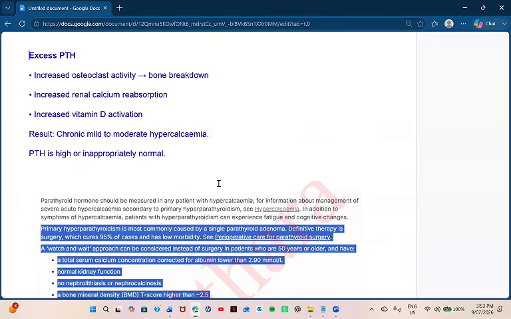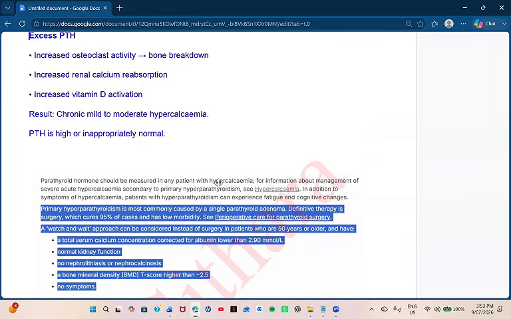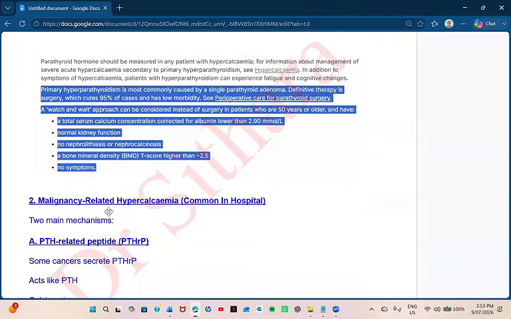So if it is primary hyperparathyroidism caused by an adenoma, you have two treatments, watch and wait, and definitive surgery, right? You need to know the indications for going with watch and wait.